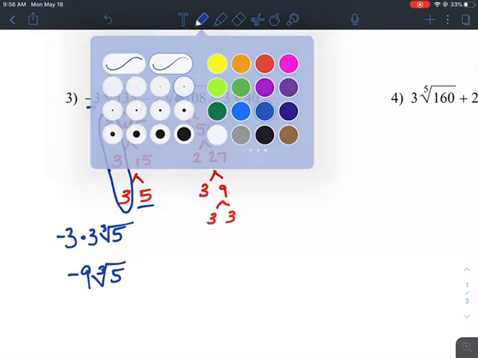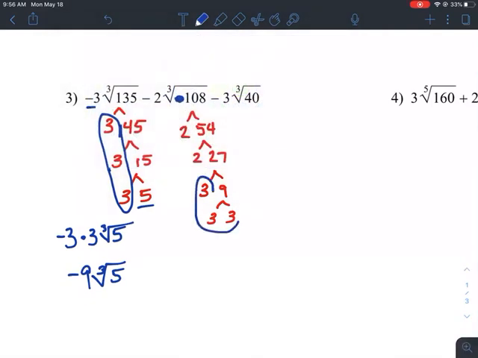So, hey, look at that. I got three 3s again. So this one on the outside, I'm going to bring down my -2, and then I have a group of 3s, so I'm going to move those to the outside, and then I have 2 leftover 2s, so those go back on the inside. So this one becomes -6 cube root of 4.